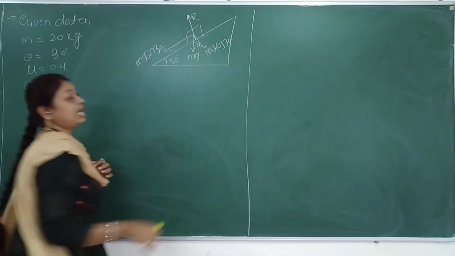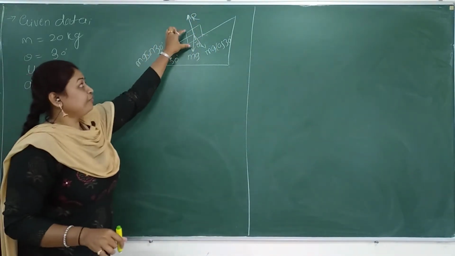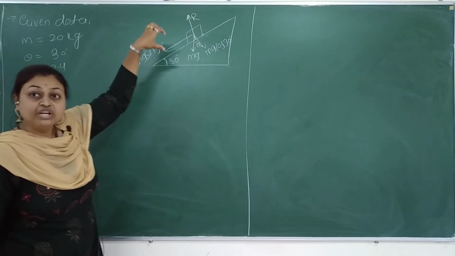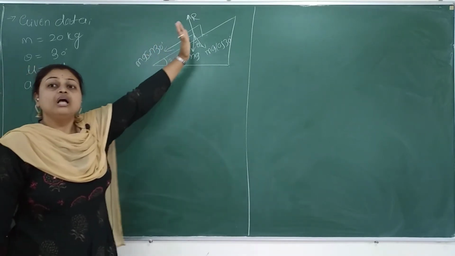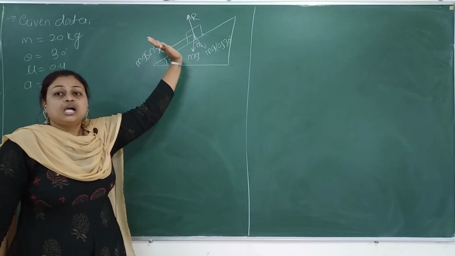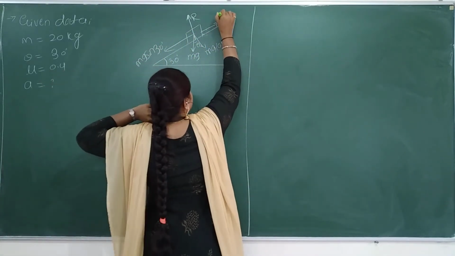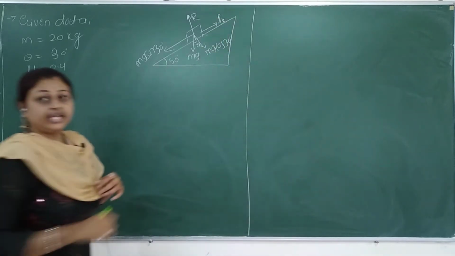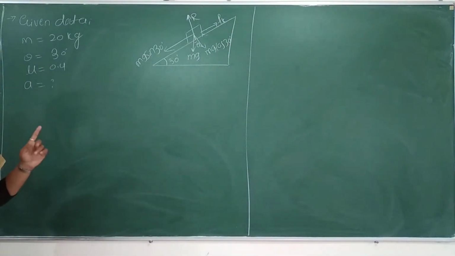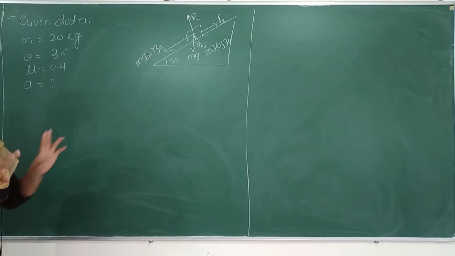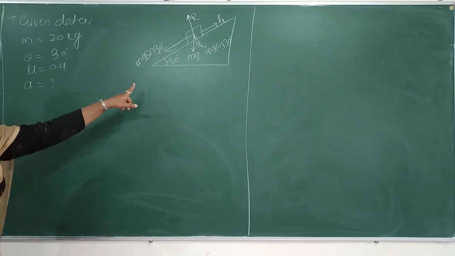Normal reaction R. If the box is moving downward, there is a frictional force, opposing force, in the upward direction. That is the opposing force, frictional force Fk. Fk is the kinetic friction because the box is sliding. Is it clear?